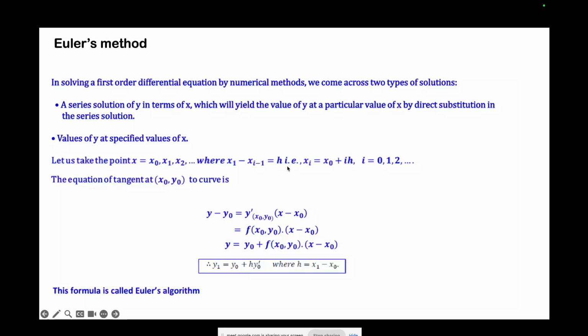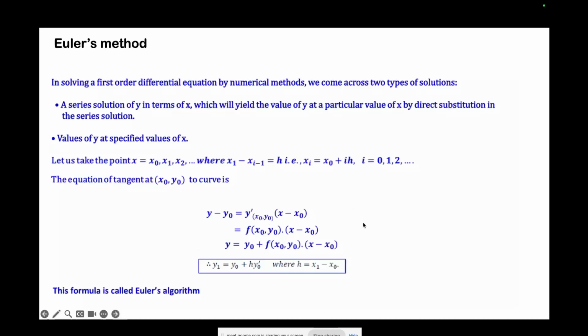That's a trick to be used while finding the numerical solution. If you simplify that, it becomes x_i equal to x naught plus i h. And if you put in the value of i, depending on 0, 1, 2, whatever you put, then you can solve for the value of x as well.